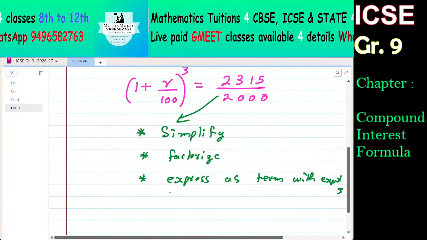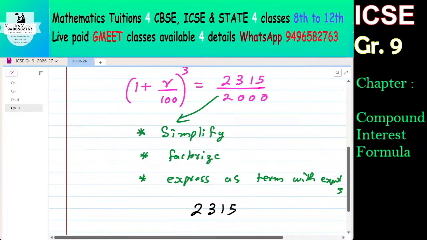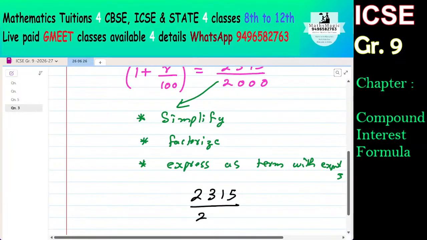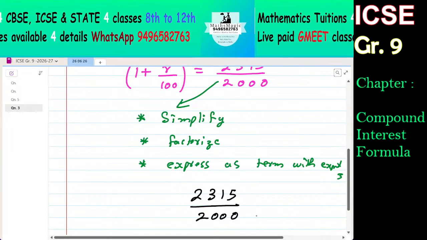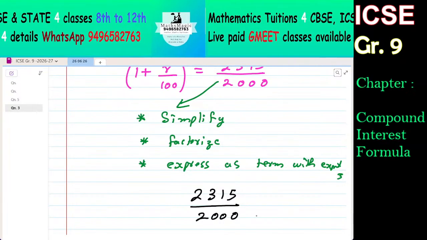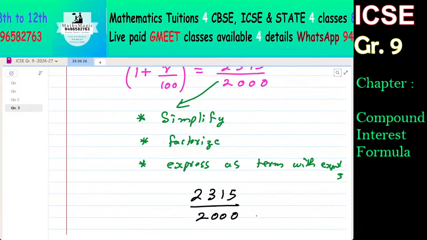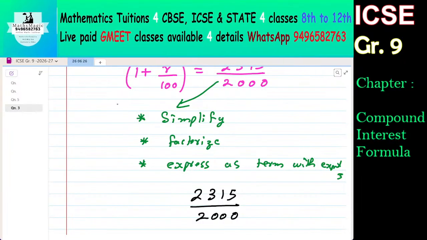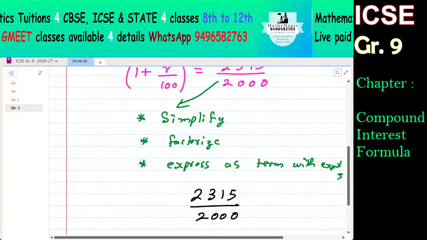So we need to factorize this, simplify this. 2315 by 2000. It's easy for you to cancel with the 5. And I always insist students not to take a calculator while you are at home.